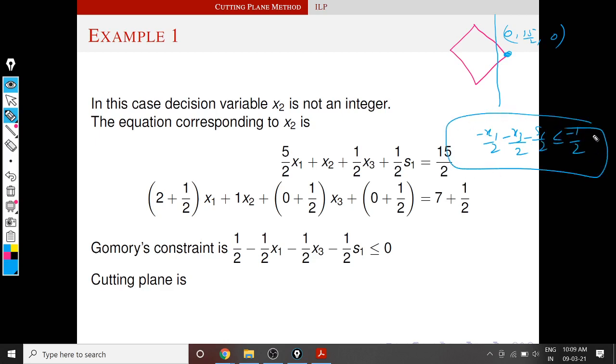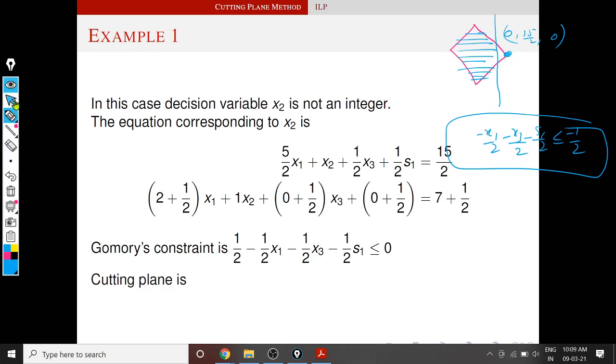This is a hyperplane. Whenever we introduce this extra constraint, we throw out this portion from our feasible region. Then we optimize the problem on this new feasible region.